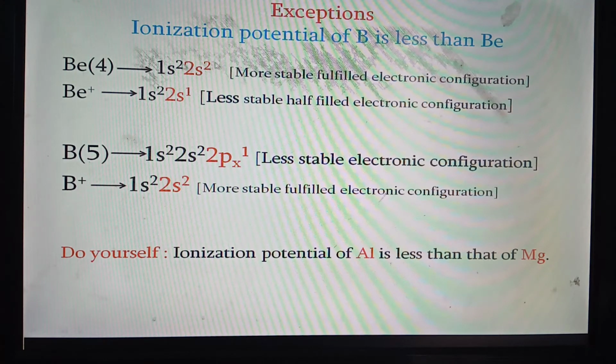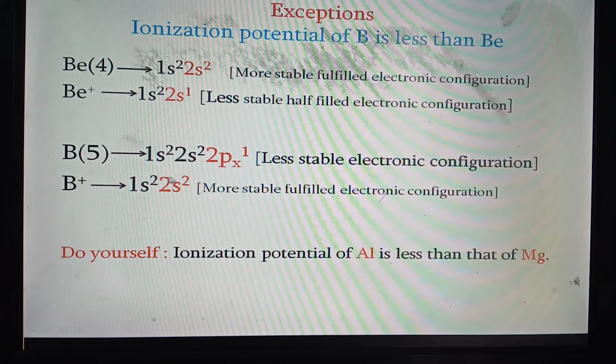What is the explanation? The electronic configuration of beryllium is 1s2 2s2. It has a full filled electronic configuration. When it loses one electron, it gets the electronic configuration 1s2 2s1. Half filled electronic configuration is less stable than full filled electronic configuration. In case of boron, when one electron is lost from the outermost energy level, it gets the electronic configuration 1s2 2s2.